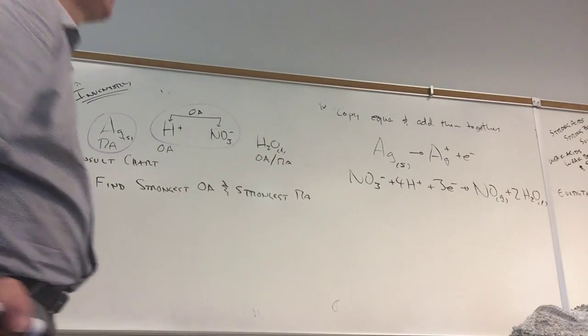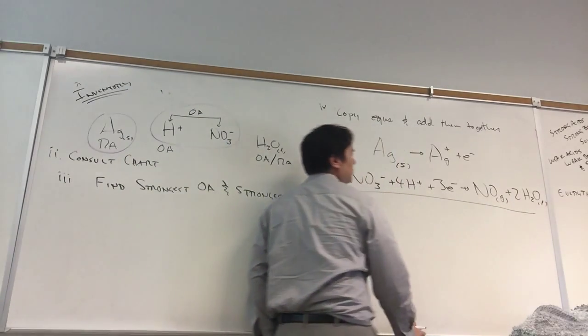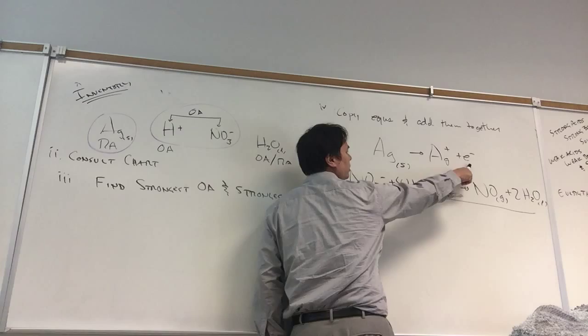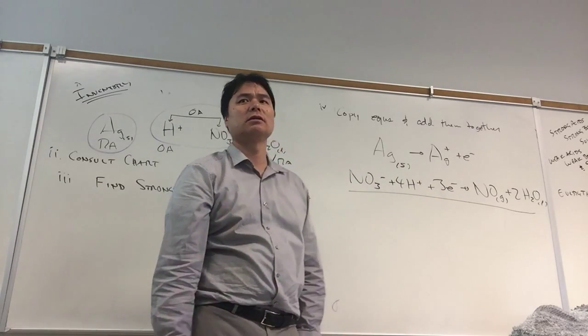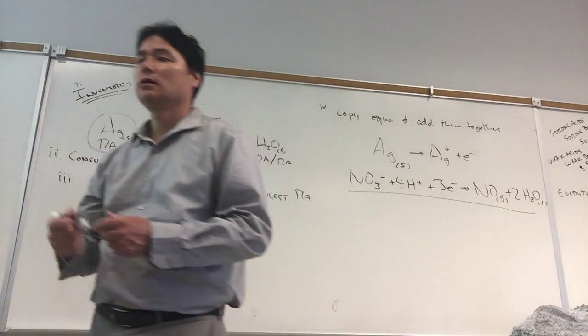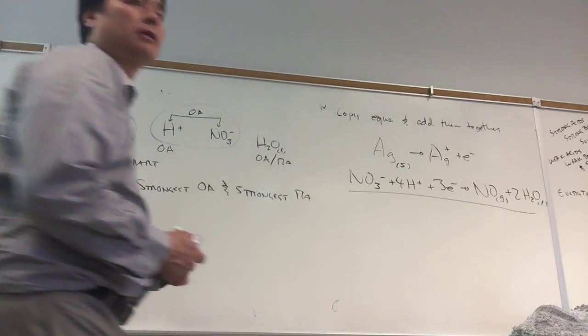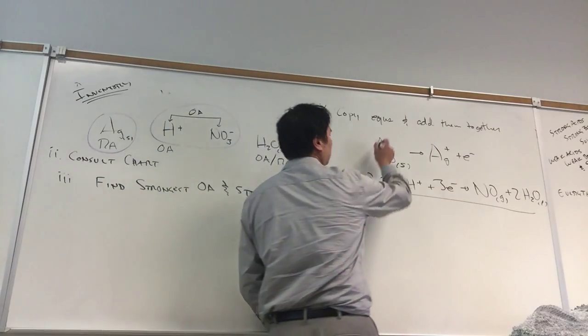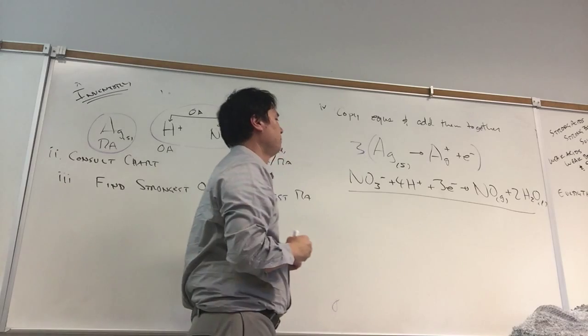Okay, this part might be tricky, but it shouldn't be. Here we're forming 1 electron, here we're consuming 3 electrons, and so the electrons aren't balanced. So what do we do next? We're going to balance the electrons by multiplying this one by 3.